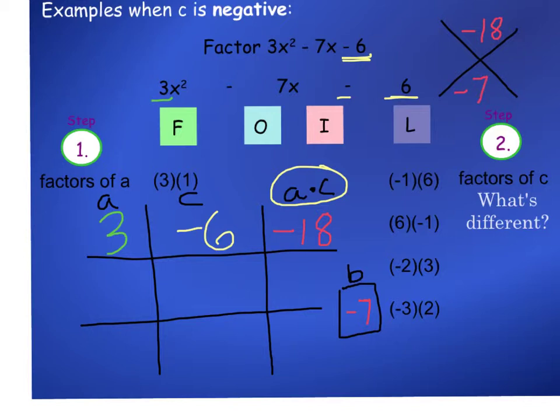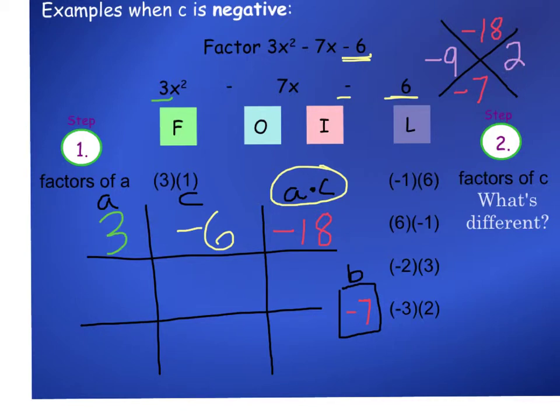And remember what we ask ourselves: what multiplies together to make negative 18 but adds to make negative 7? See if you can do it. Let's see what you ended up with. Did you get negative 9 and 2? That should work. Negative 9 times 2 is negative 18, and negative 9 plus 2 is negative 7.